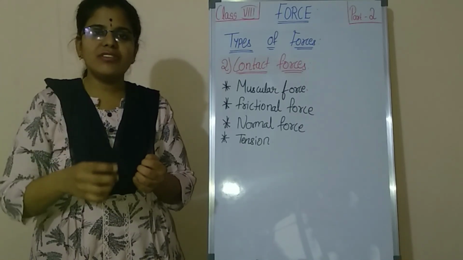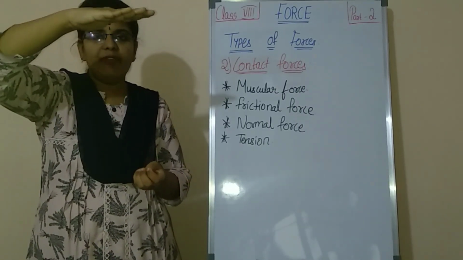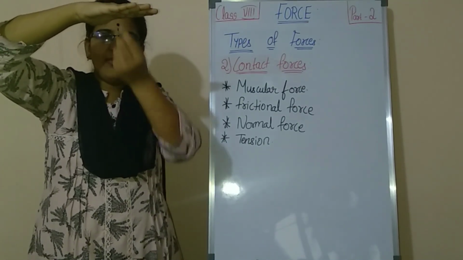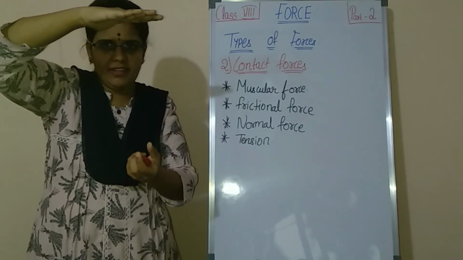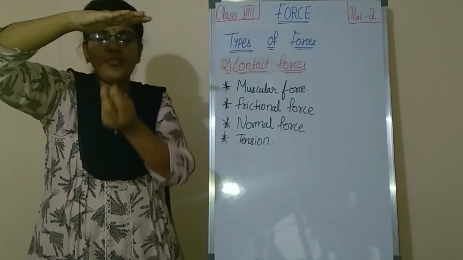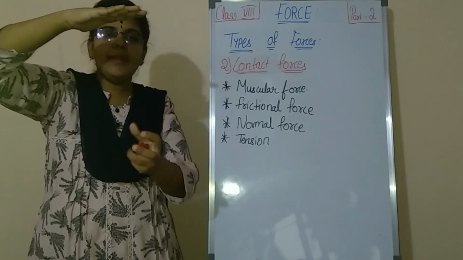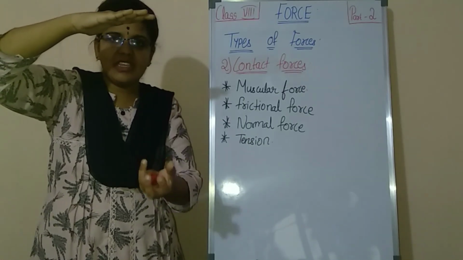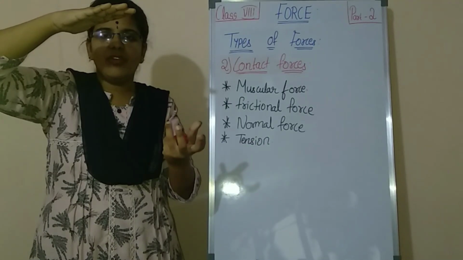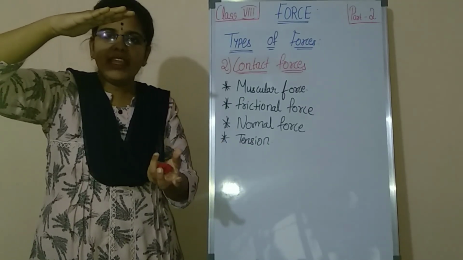Or else we can also take a roof and hang an object from that roof. Then what happens? It will be elongated. So that tension can be observed in the string. If you apply more weight to the string or the object, then what happens? It will break. Yes or no? Why is it breaking?